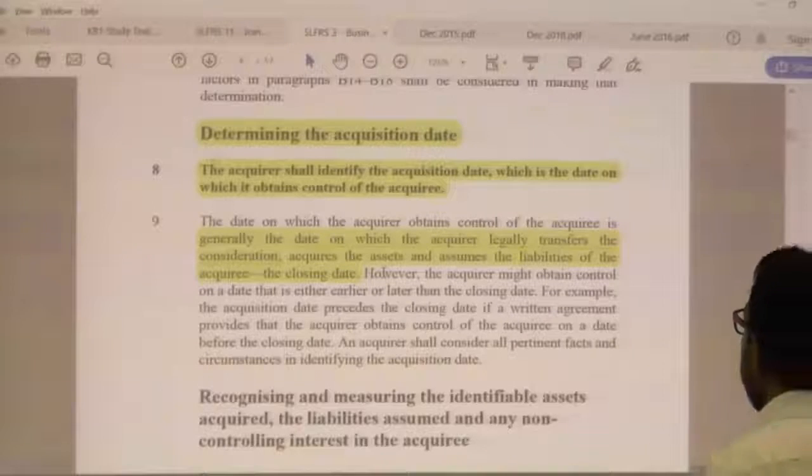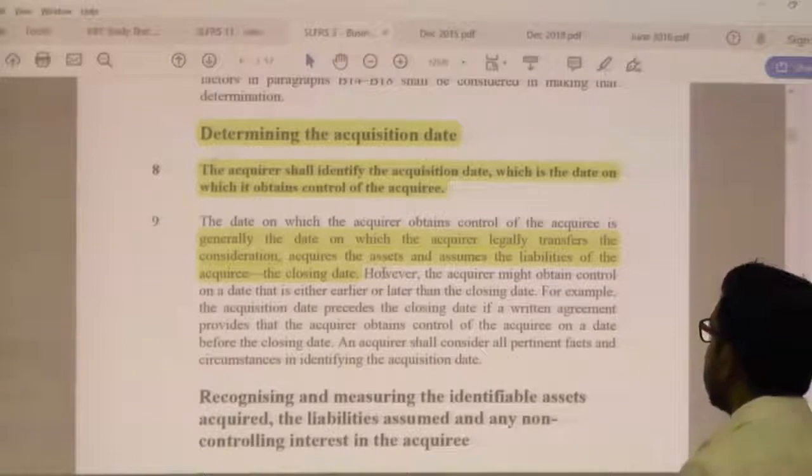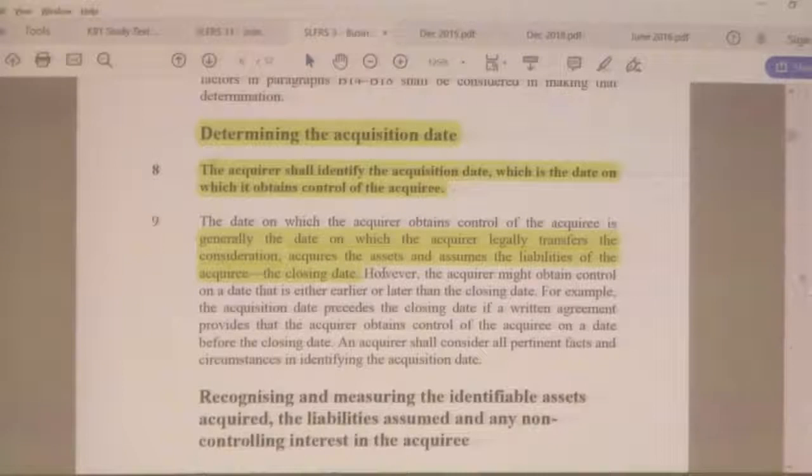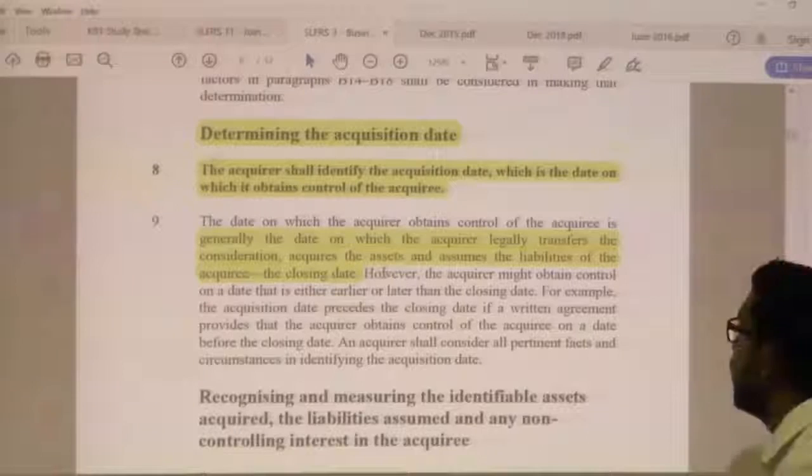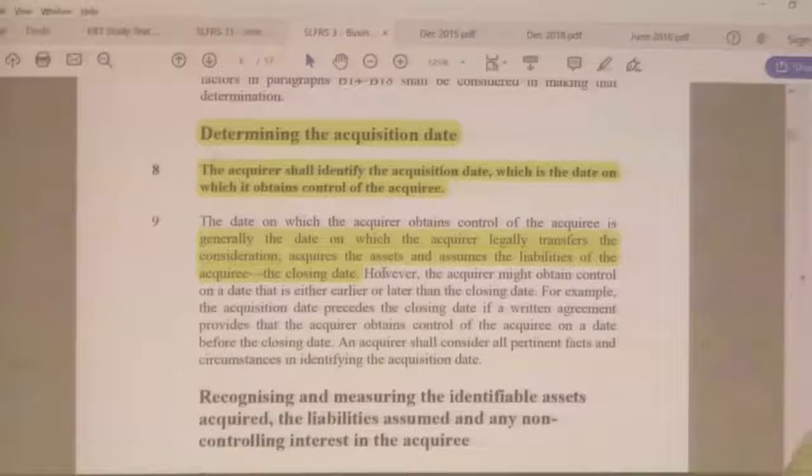The acquirer shall identify the acquisition date, which is the date on which it obtains control of the acquiree, the date you obtain control. Paragraph 8.